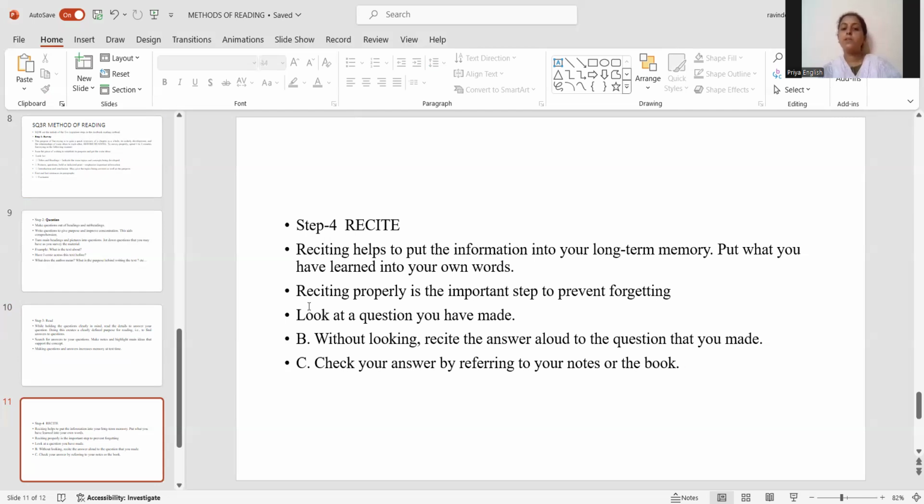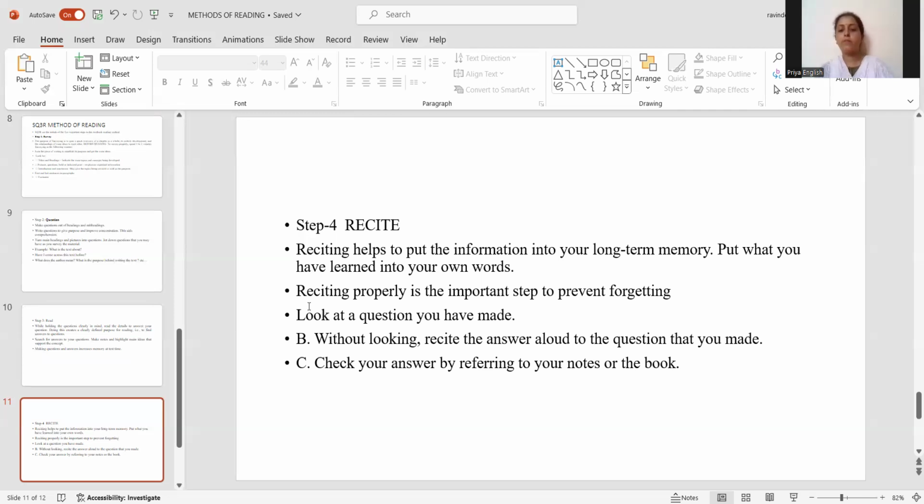Reciting properly is an important step to prevent forgetting. When you are doing this activity of reciting, there are very few chances of you forgetting what you have read before. It helps you recall the information which you have in your brain.